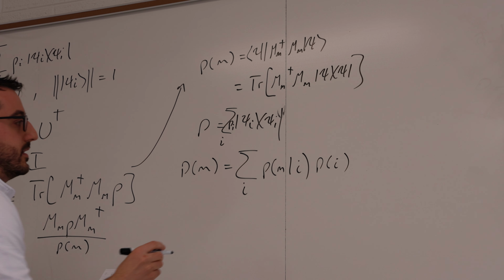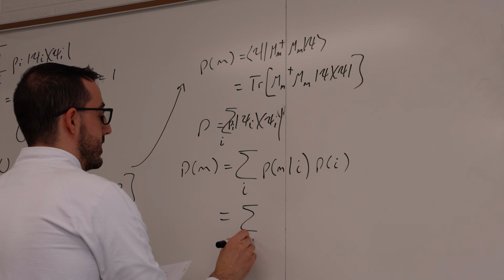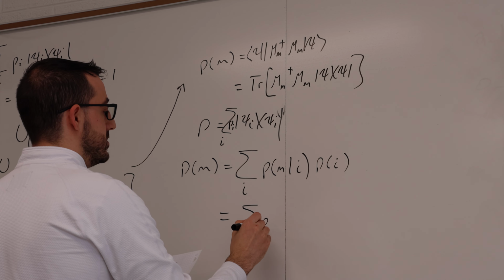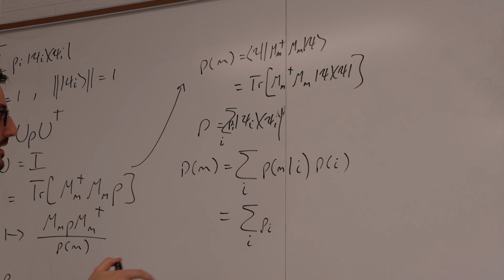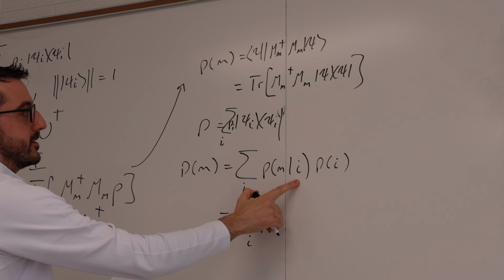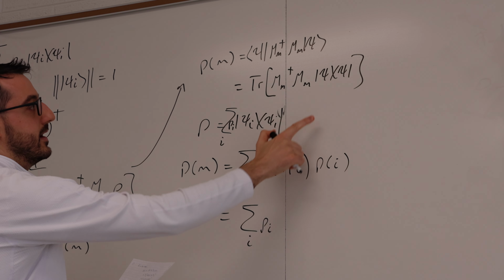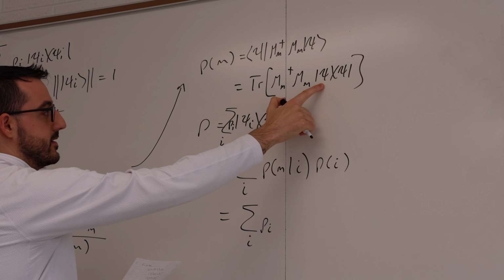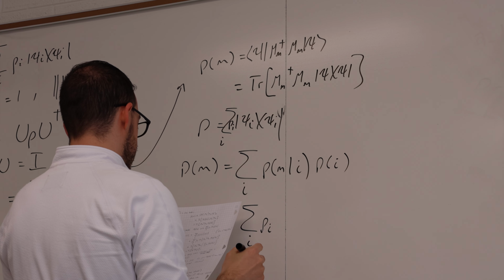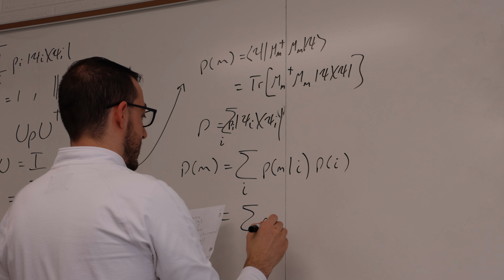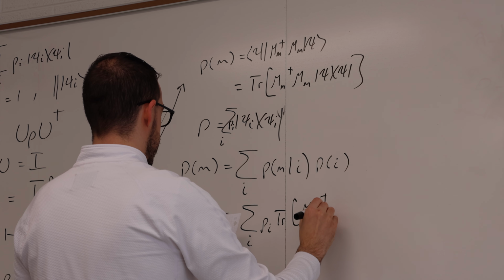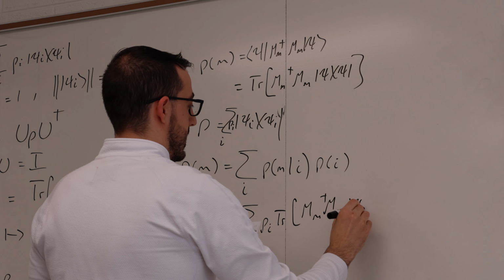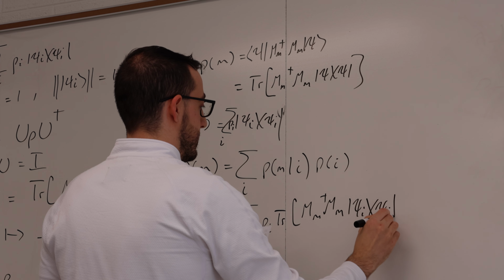So I can write this as, again, the sum over i. The p_i won't change. That's just going to be our p_i that appears here. And then the probability of outcome m, assuming we're in the state psi_i, is this one, so let me write that in. This is p_i times now the trace of M_m dagger M_m, outer product psi_i psi_i.